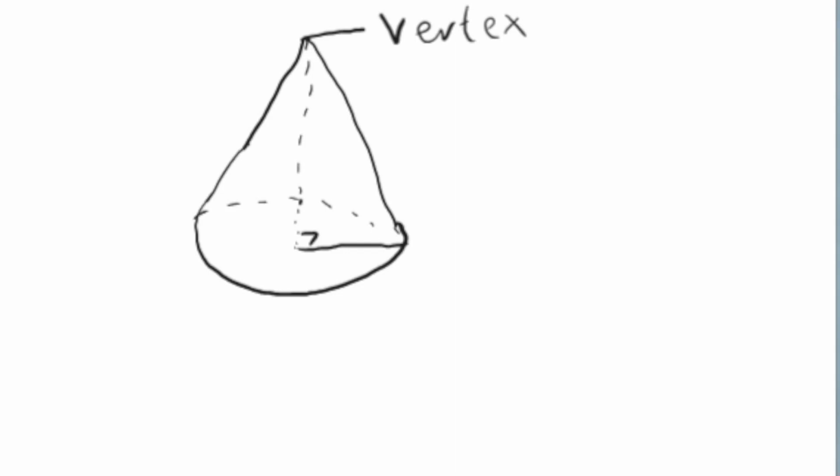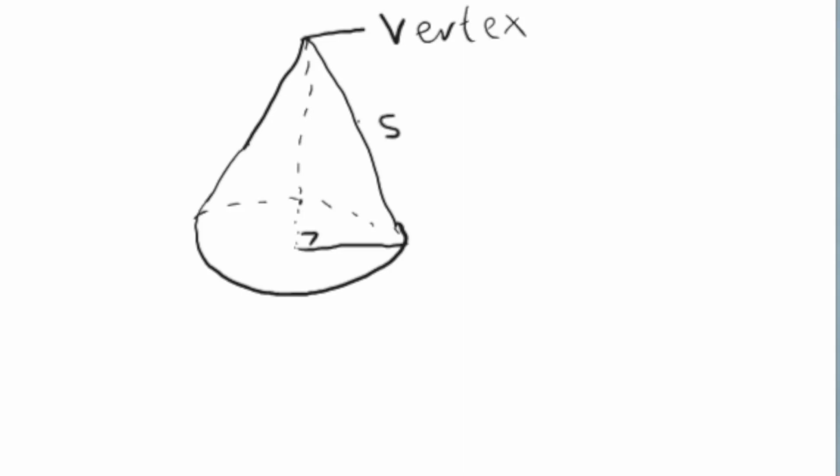This is not perfect, but let's take it like that. This is the vertex of the cone, and this is the slant height.